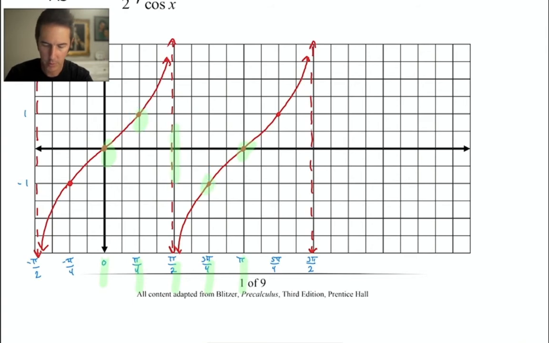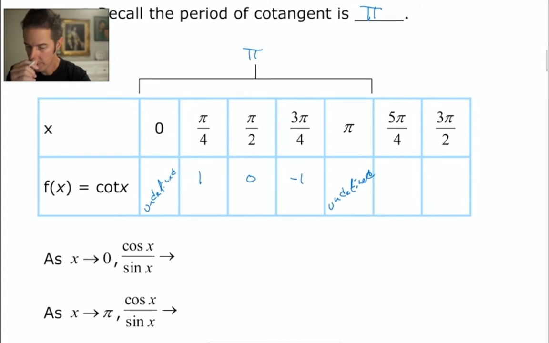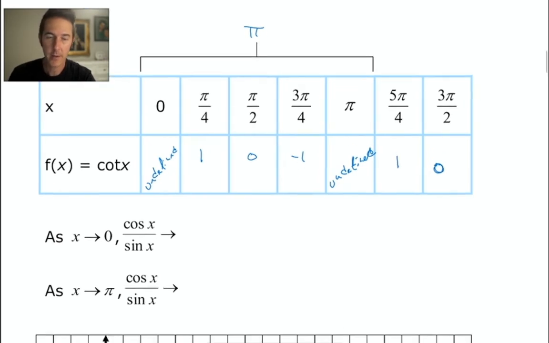Okay, just making sure. And then, because of the periodic nature of pi, our y values start repeating, so we would go to a positive 1 next, and then to a 0, sorry, there we go. And then to a negative 1, and then to undefined.